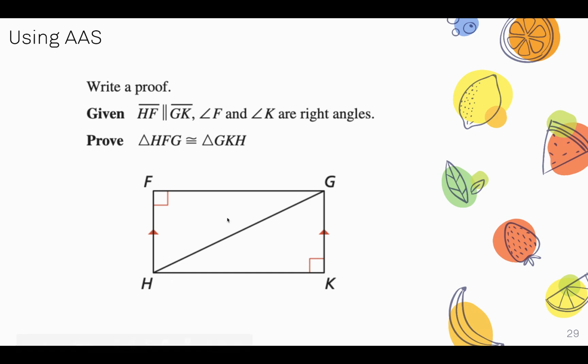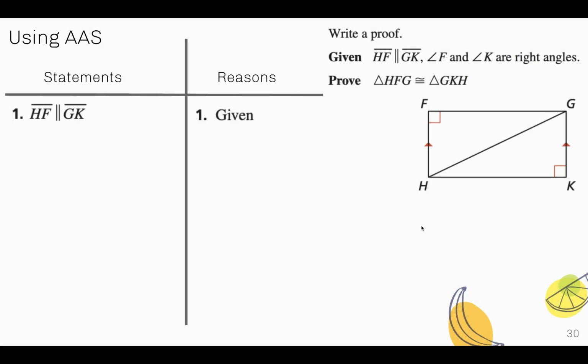One thing really nice about proofs is that you know exactly what you're headed towards. In a way, these proofs are pretty easy because you know what is supposed to match with what. We have a couple of givens: parallel lines, and then we also have right angles.